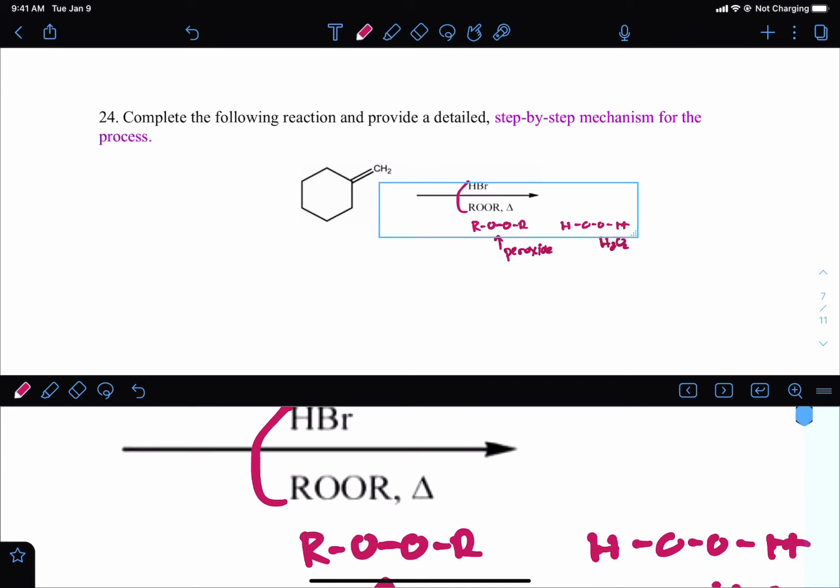And there's a very important pattern here that if we go back and look at our original alkene, okay, this carbon is primary.